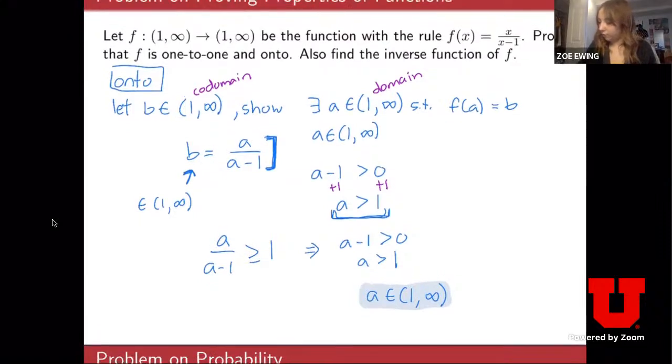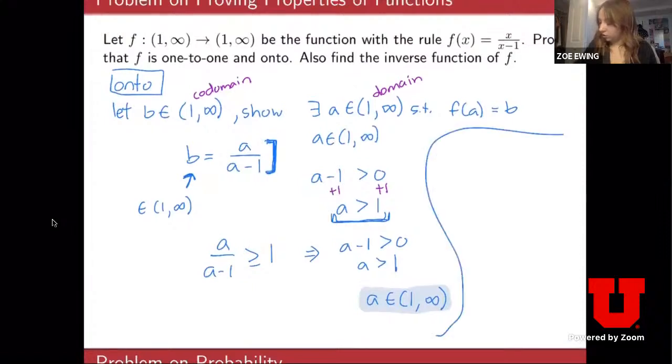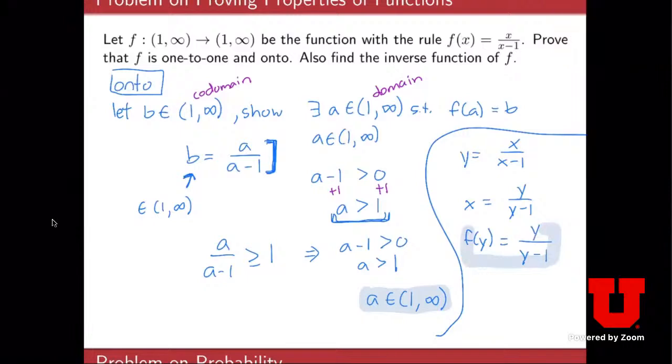So I'm just going to draw a little section, y equals x over x minus 1. Then we would just switch the x and y's. So x equals y over y minus 1, and then replace this with f inverse of y. So this would be the inverse, so it's like the same. Yeah, basically.